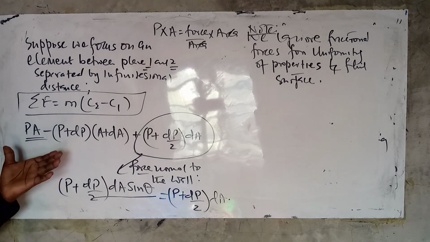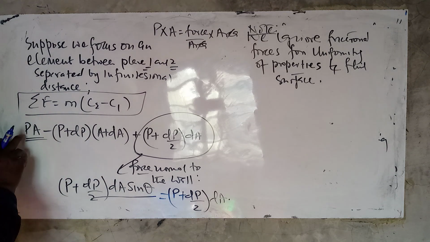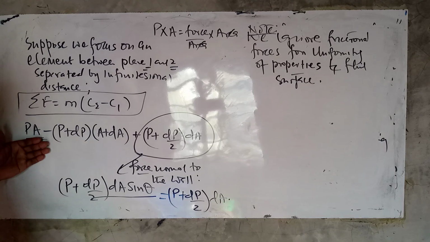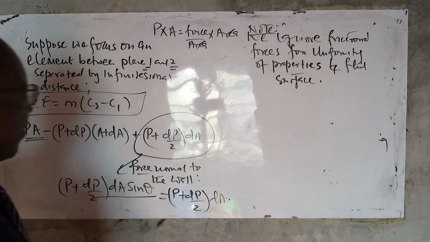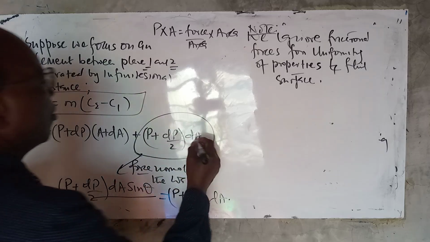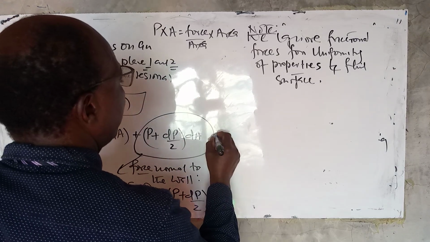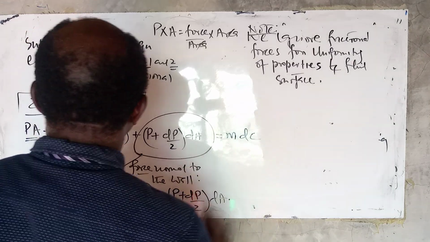So the net forces which we have specified here, pressure times area being force, on surface 1, surface 2, and the forces which are normal to the wall, all this will be equal to m dC.